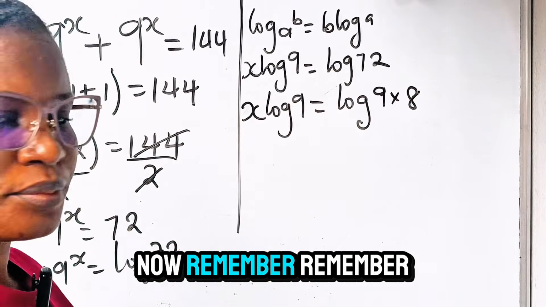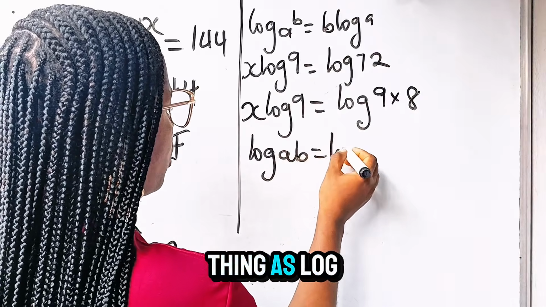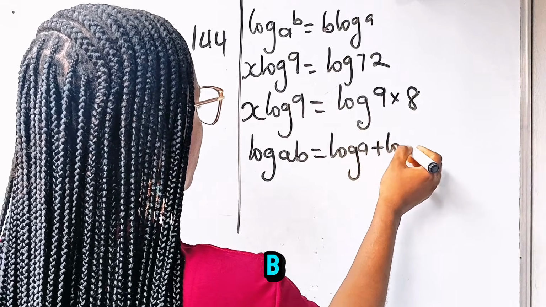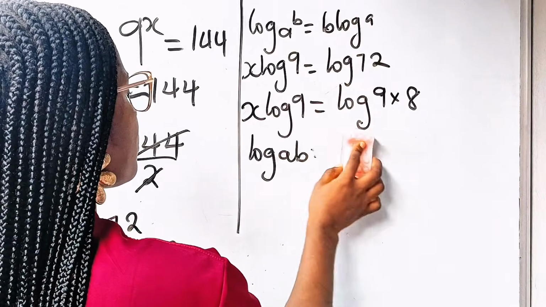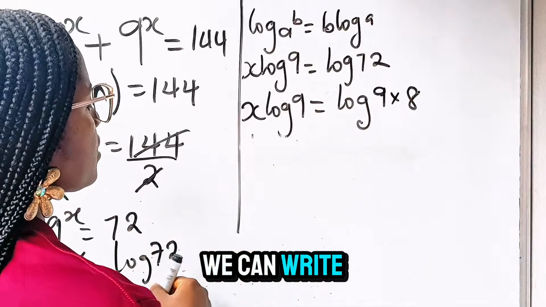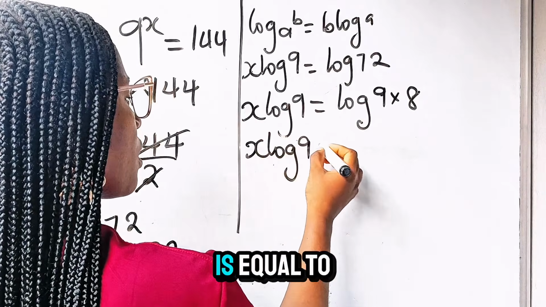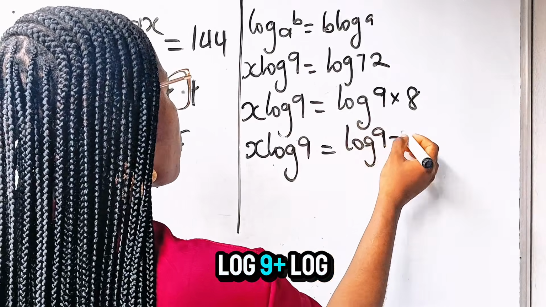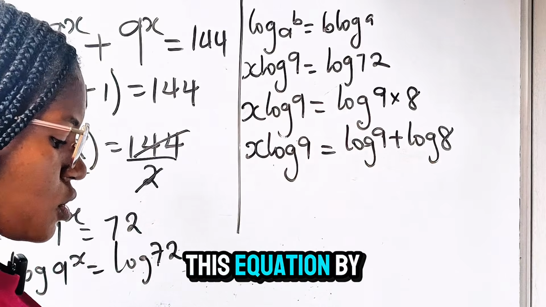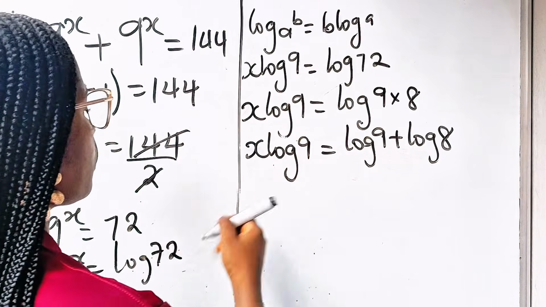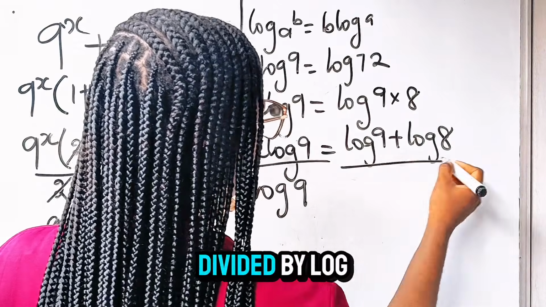Now remember that log AB is the same thing as log A plus log B. So we can write this as x log 9 is equal to log 9 plus log 8. Now let's divide both sides of this equation by log 9.